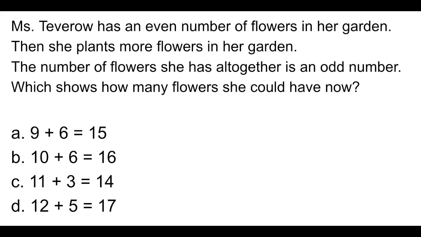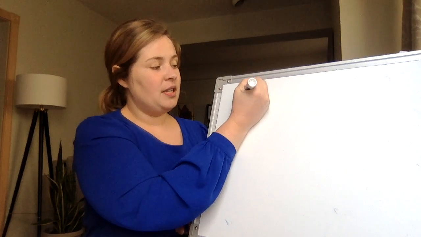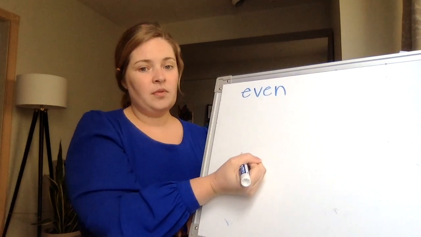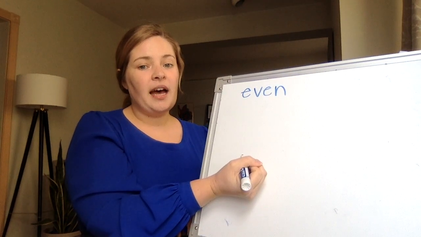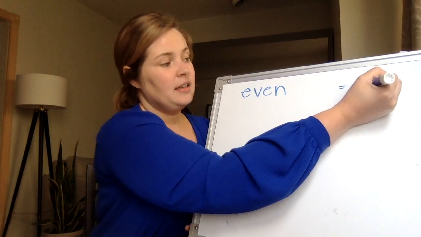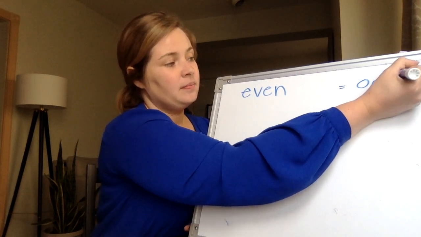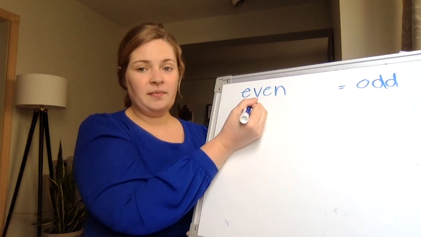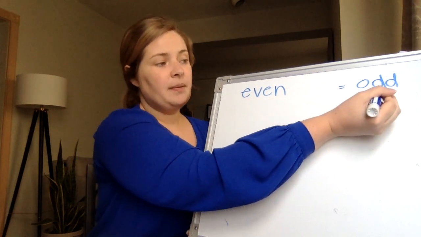We know that Miss Teverow starts with an even number. We know that the number that she has at the end is an odd number. Our starting number will be even, and our ending number will be odd.